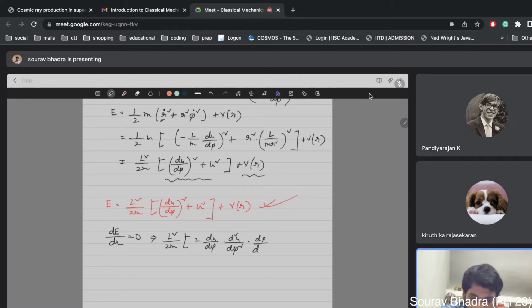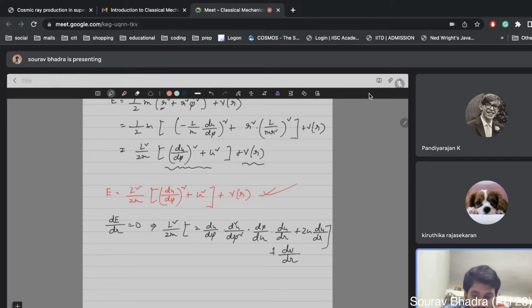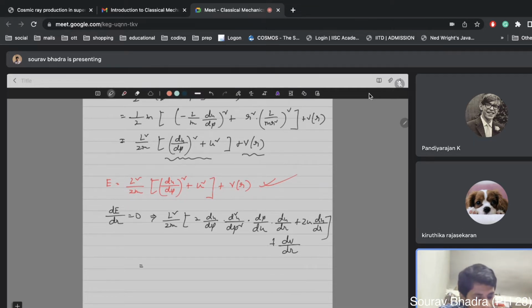I have used the chain rule multiple times, that's why it looks complex, but there is no complexity in the expression.